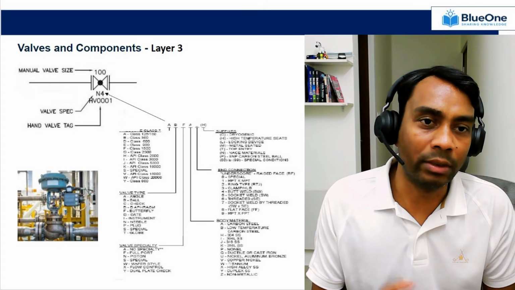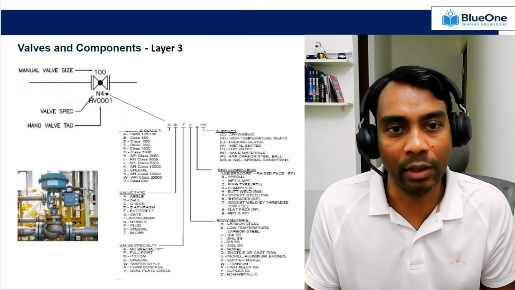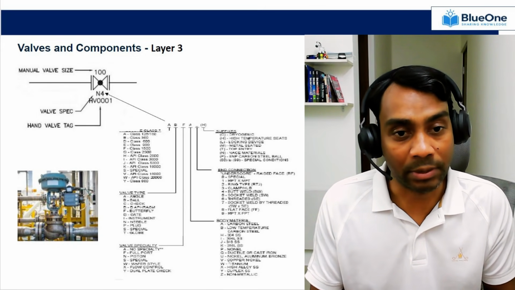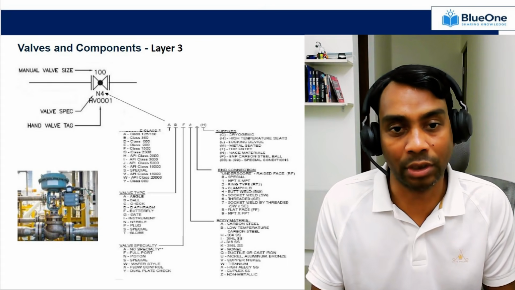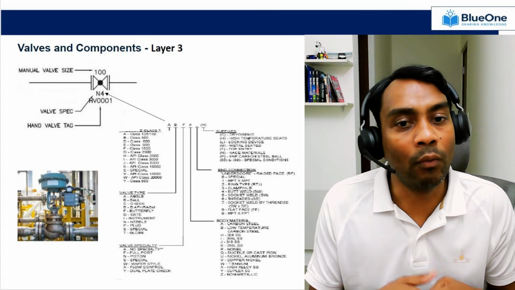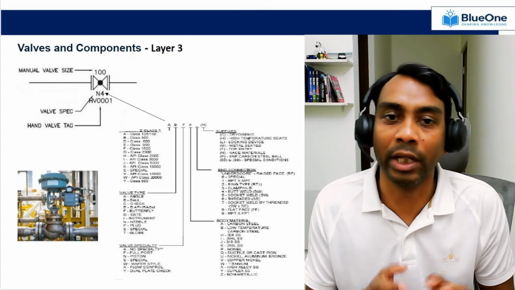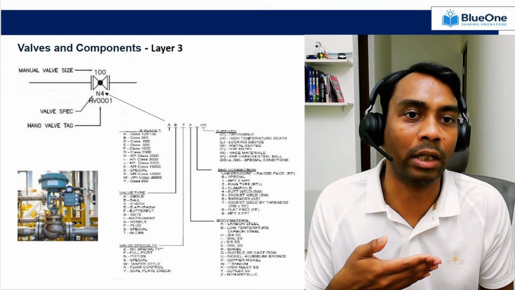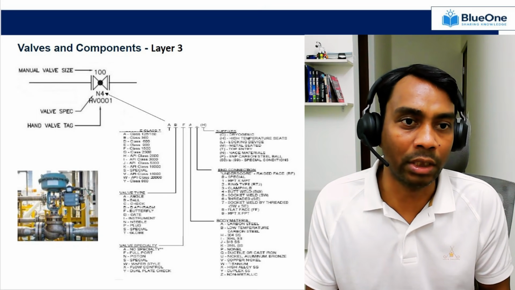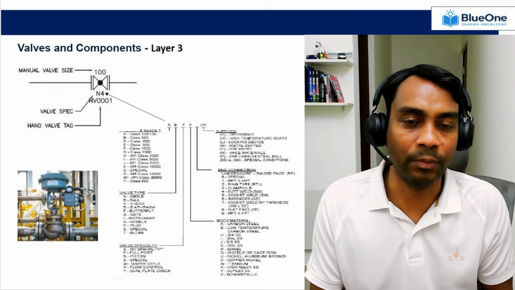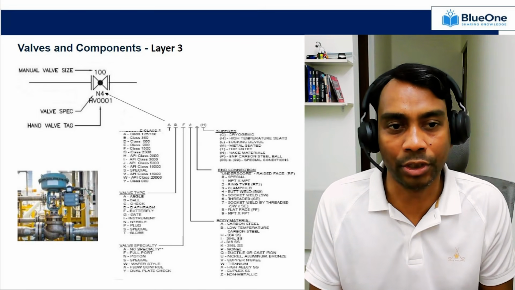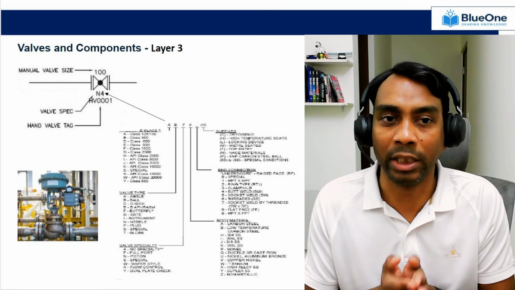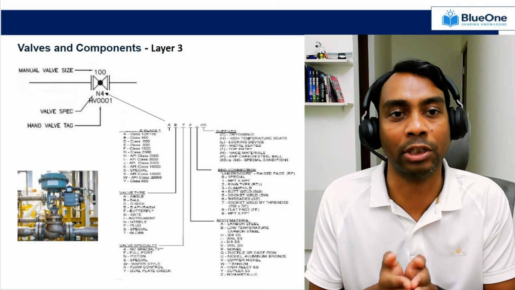So if you refer to that particular valve spec, you can identify what is the class of valve, what type of valve it is, any specific requirement associated with this particular valve, what are the body materials and the end connection requirement. So by looking at one single image and then referring to the valve specification, you can get tons of information to understand the properties and characteristics of that particular valve. That's the power of the process and instrumentation diagram.